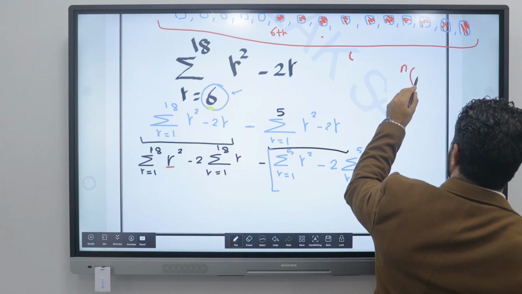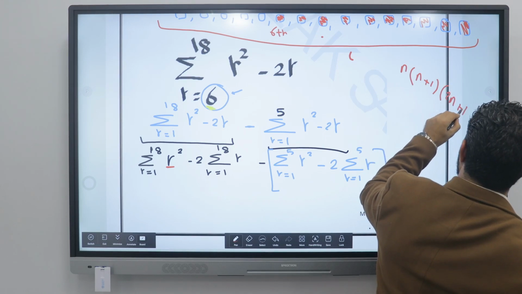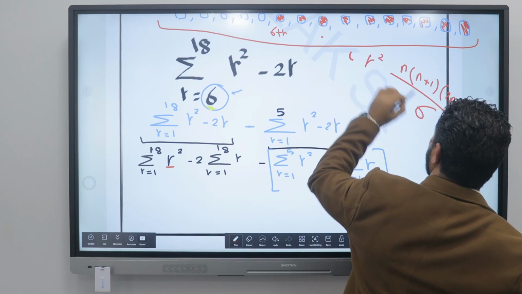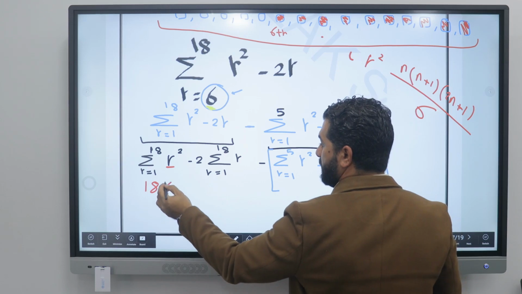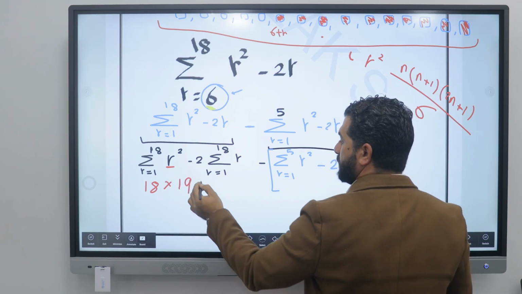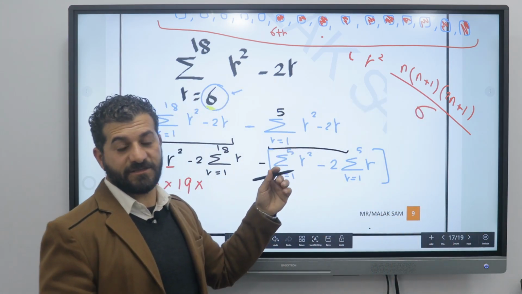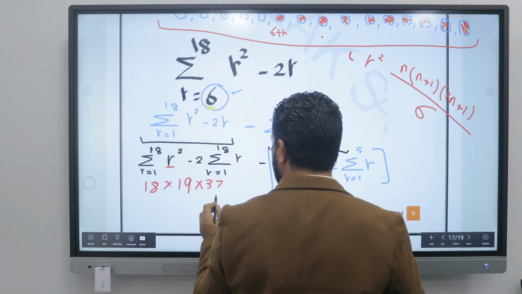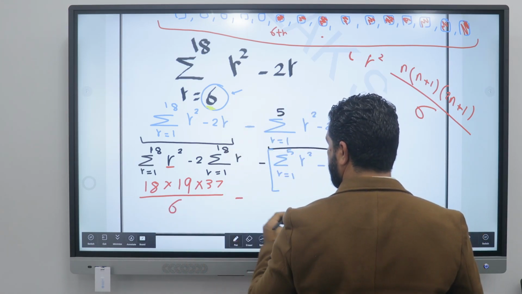It's n multiplied by n plus 1 multiplied by 2n plus 1 divided by 6. ده بالنسبه ل r to the power of 2. فهتكون ايه؟ 18 this is n multiplied by n plus 1 which is 19, multiplied by 2n plus 1. 2 times 18 is 36 and plus 1 37 all divided by 6 minus here 2.